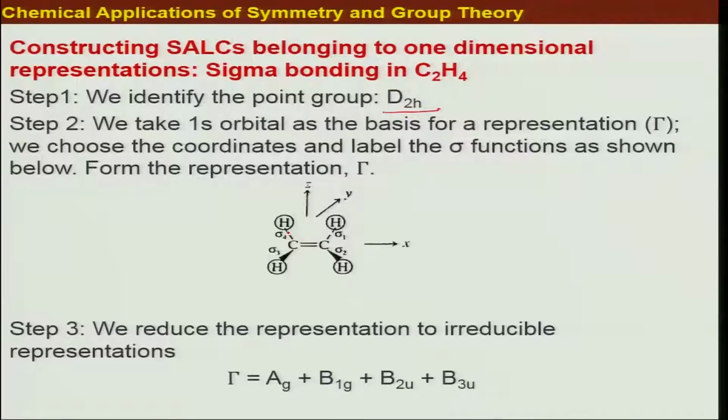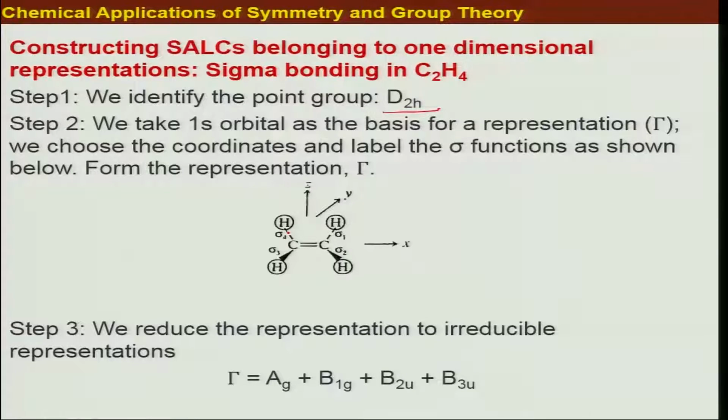So ultimately you will get a representation. You should be able to form this representation very easily. I told you about the unshifted atom concept. So using that, you can form the representation very easily.